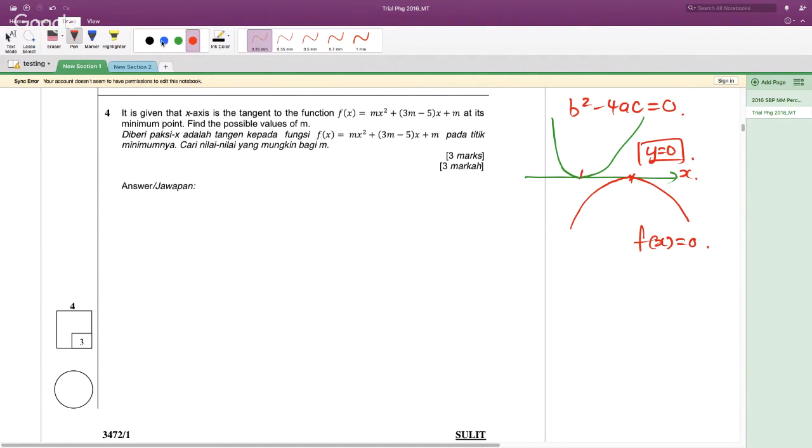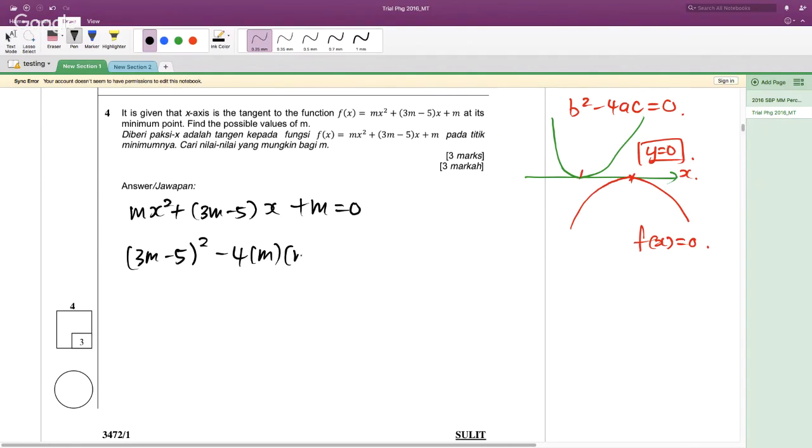So now basically I will have mx squared plus (3m minus 5)x plus m equal to 0, because my f(x) equals 0. Then I substitute into b squared minus 4ac. b is 3m minus 5, squared, minus 4, a is m, c is m, equal to 0. I just need to solve this one, then I can easily get my values of m.